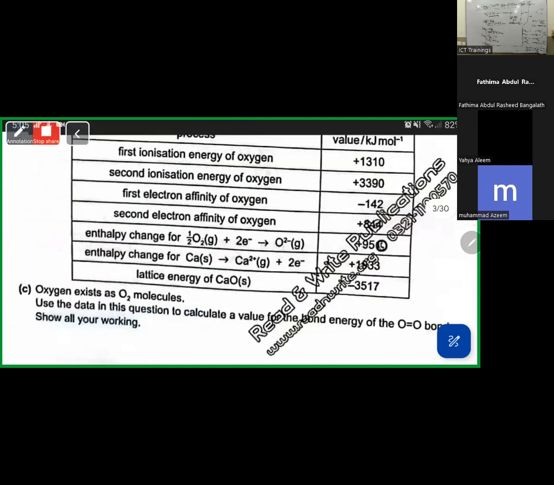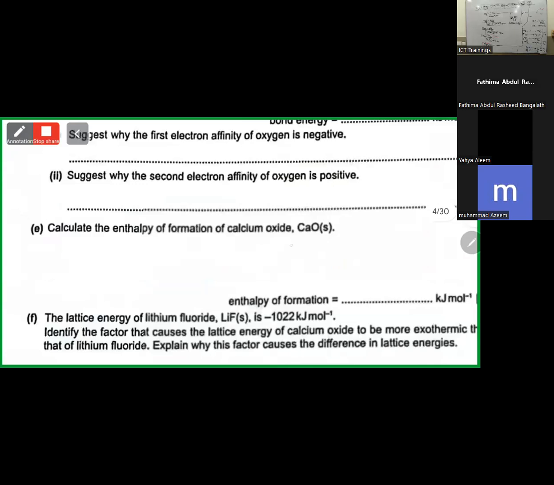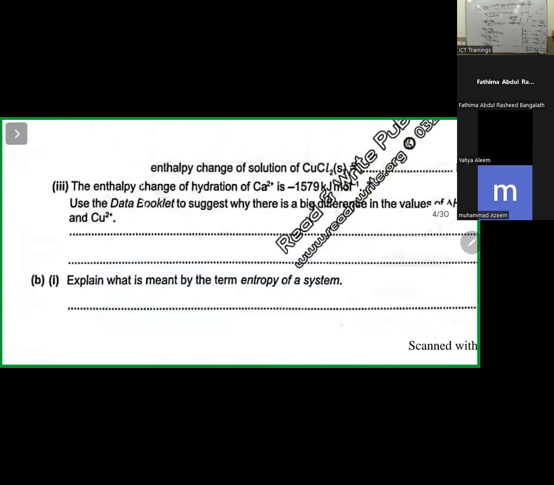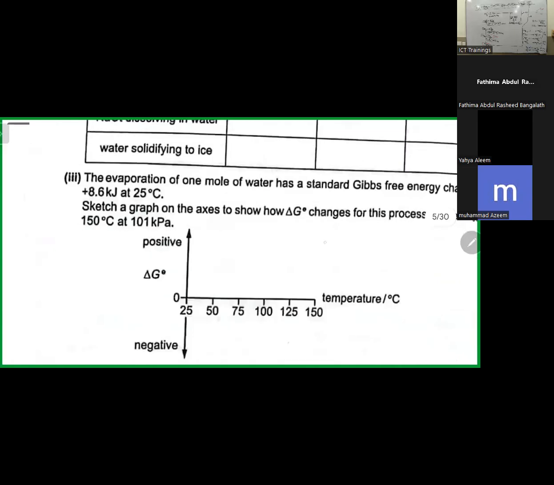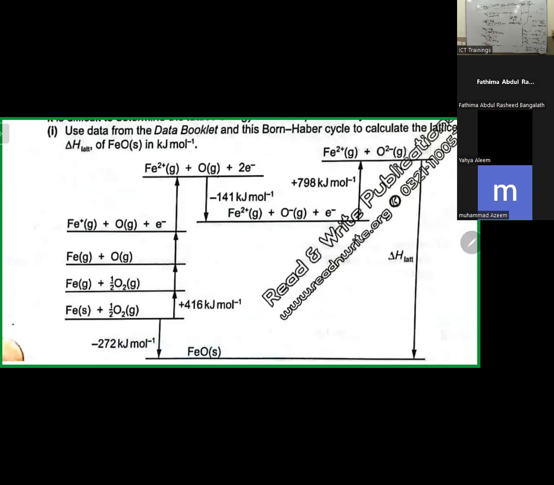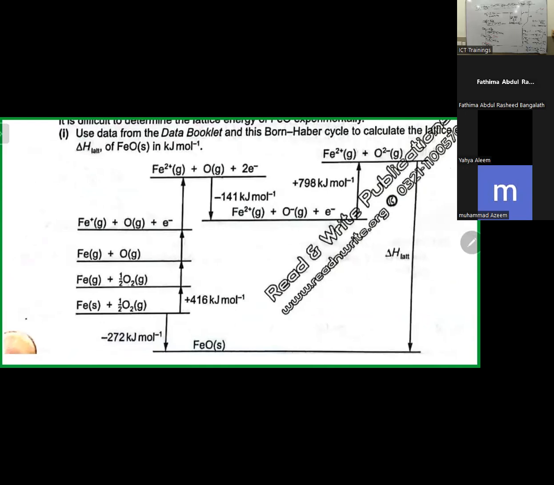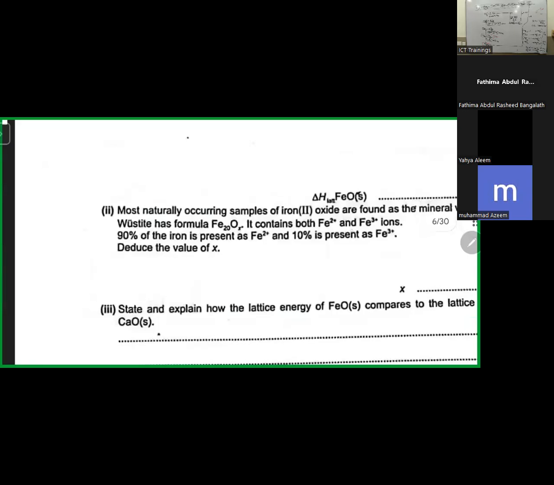Okay, my dear. Just take screenshots of these questions and you have to do them at home. So I'm going to give you the questions. Use this data to find out the lattice energy.